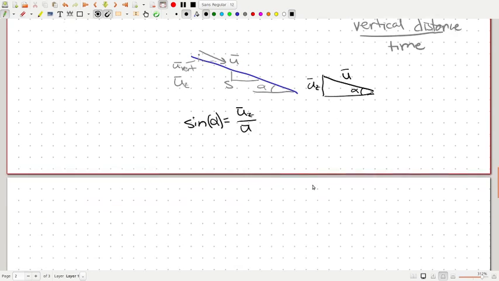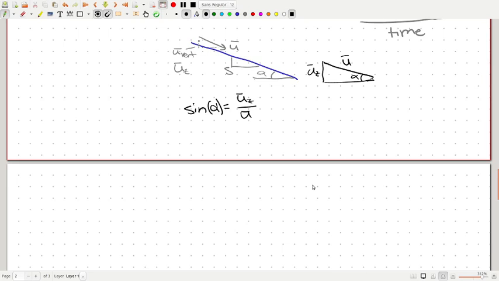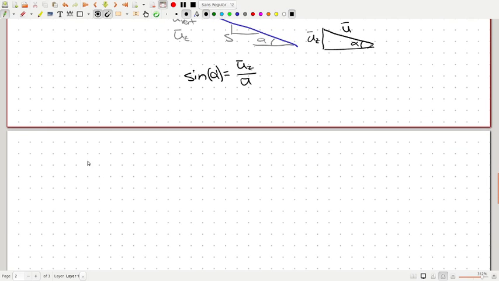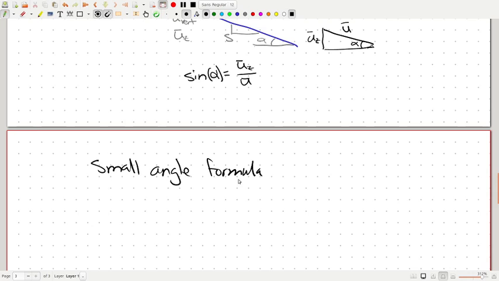Typically in rivers, this angle alpha is small, a few degrees or less. And so with this, we have this nice little advantage that we can use the small angle formula. If alpha is small, then we know that cos alpha is approximately 1.